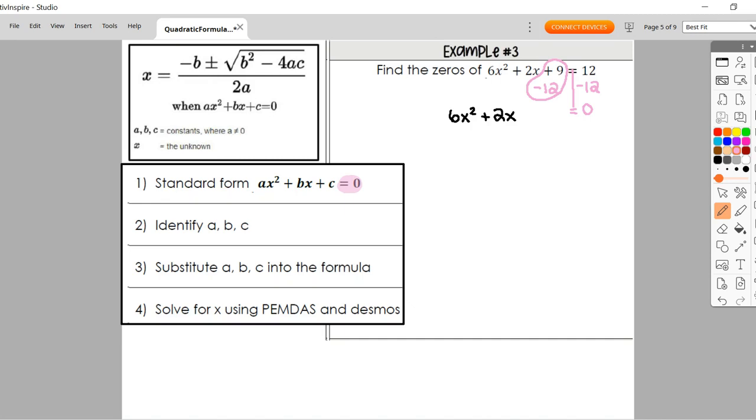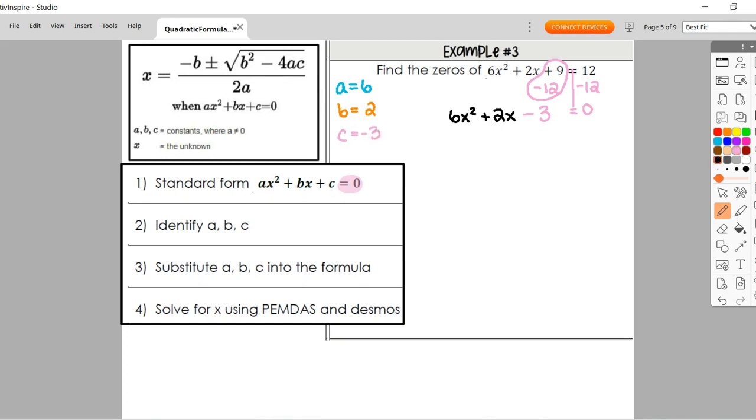So I do 9 minus 12, which will be a negative 3. My a is going to be 6. My b is going to be 2. And then my c will now be a negative 3. So it's really important to get it in standard form, or else we might have had the wrong a, b, and c for this problem.